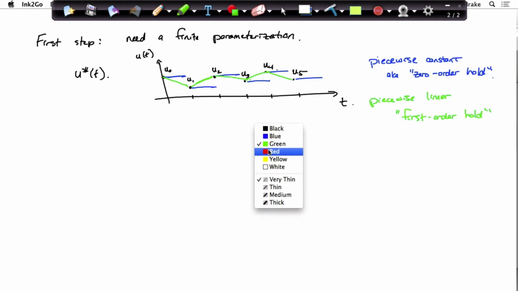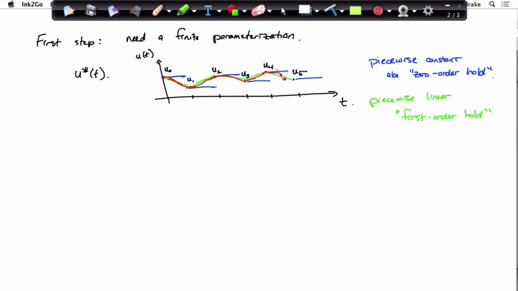Or another very common approach would be to have a smooth function that goes through these points, which the standard solution would be a piecewise cubic, which is often called the cubic spline.